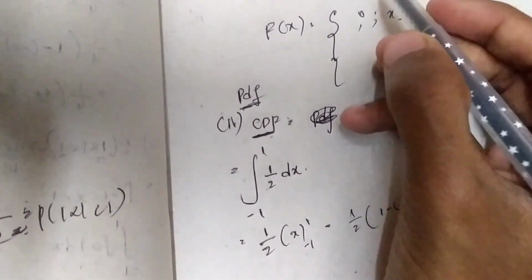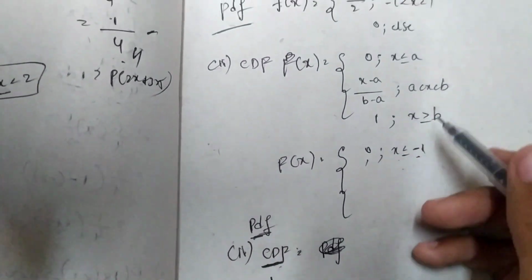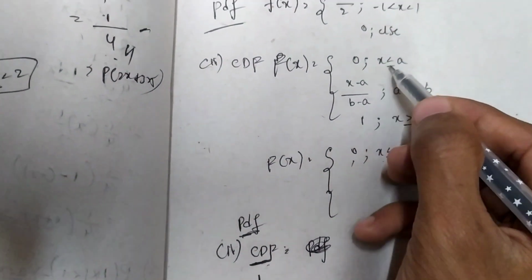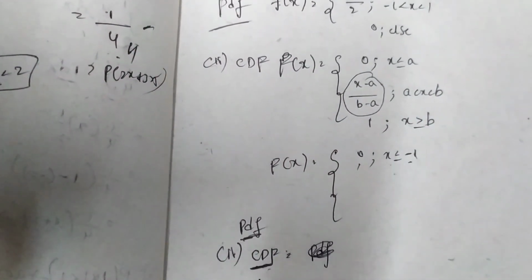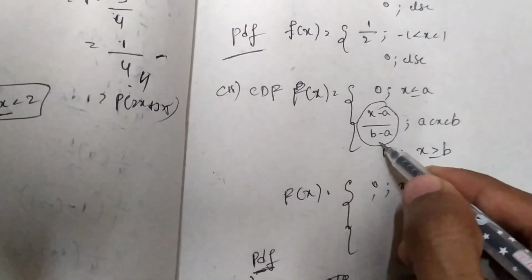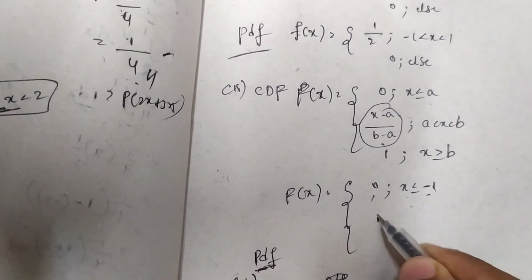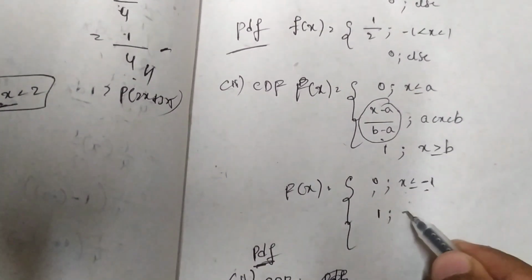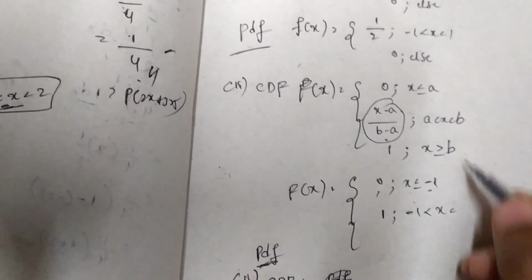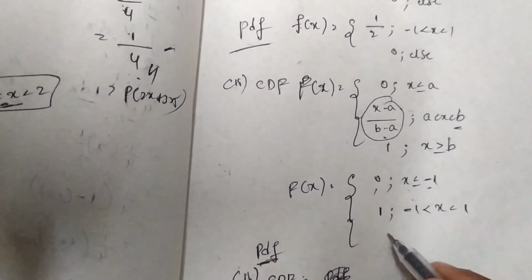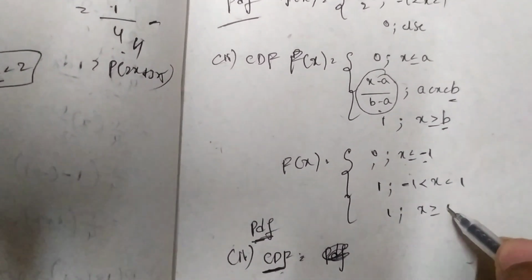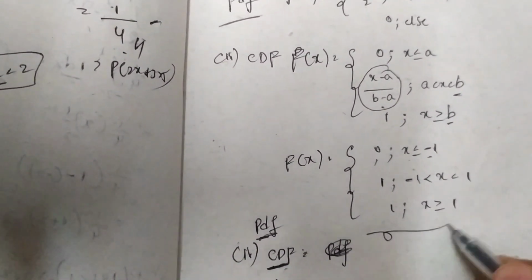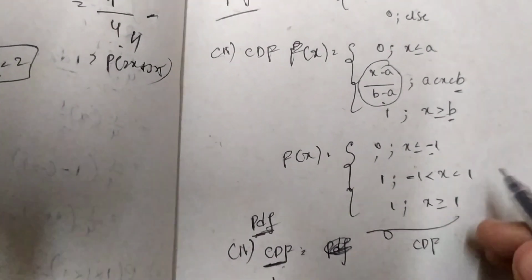So in the place of x minus a by b minus a we substitute this: 0 for x less than or equal to minus 1, then for a value minus 1 less than x less than b value 1, and 1 for x greater than or equal to b value 1. So this is the CDF for the above problem.